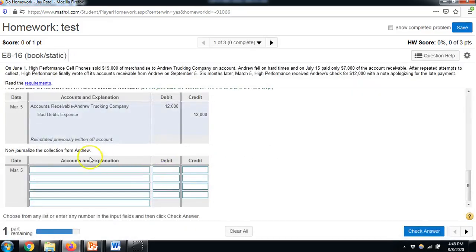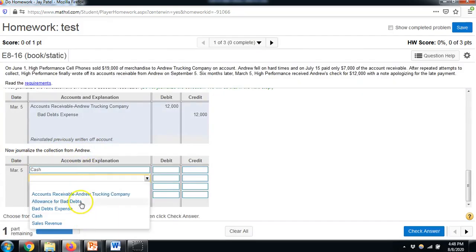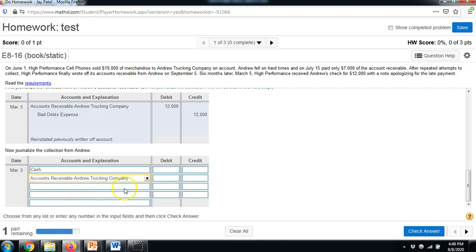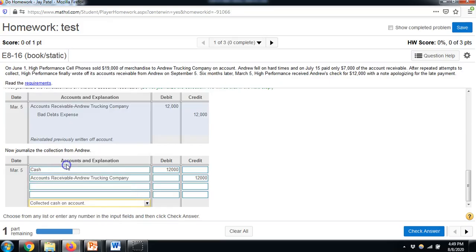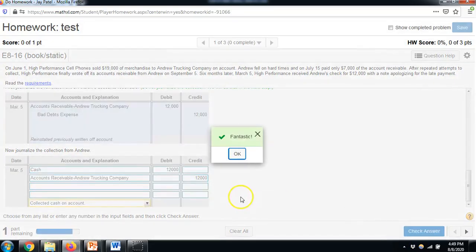Okay. And now in this next step, we're going to journalize the actual collection of the cash. So our cash balance is going to increase. We're going to have to clear his account receivable because he's now paid it off. And so collected cash on account.